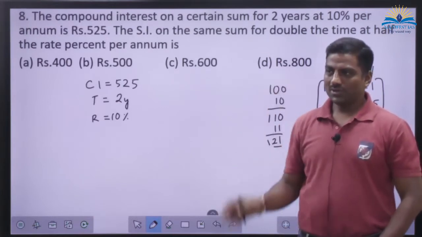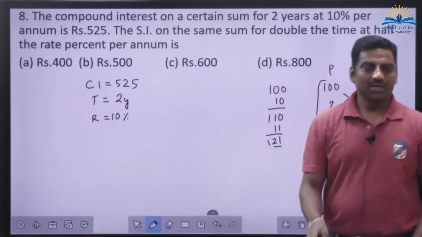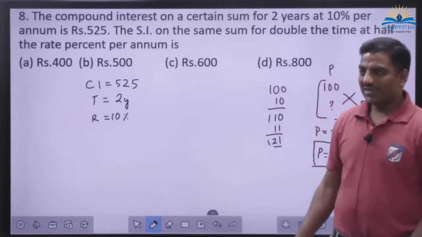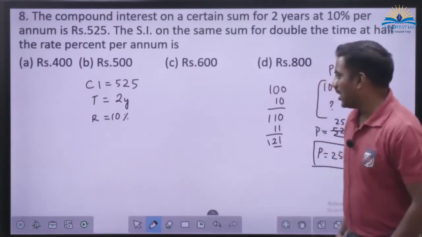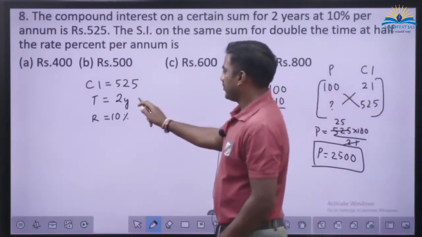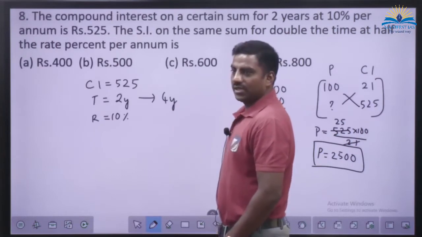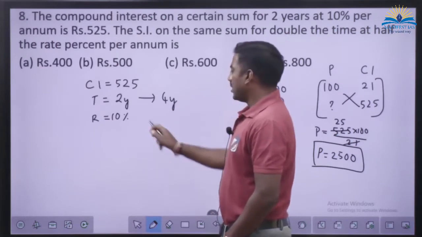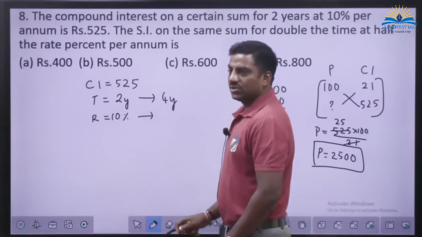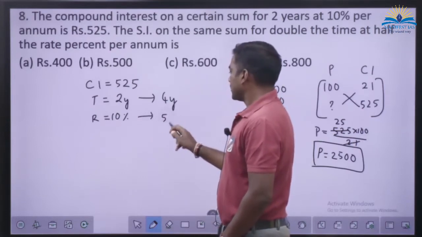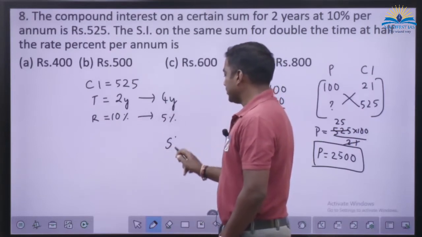The 2s get cancelled, no? No effect. But since it is compound interest, definitely there will be a change. So now the new T would be 4 years, yes or no? And the new rate of interest would be how much? Now calculate the simple interest.